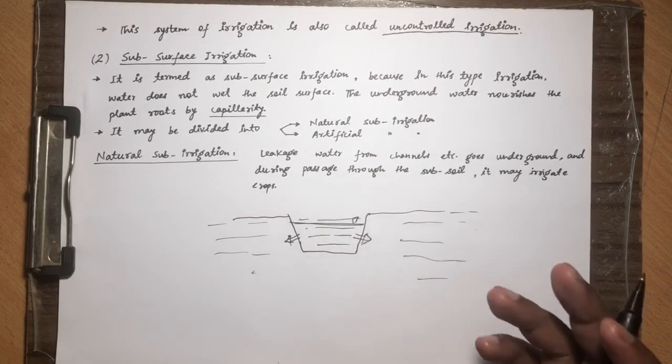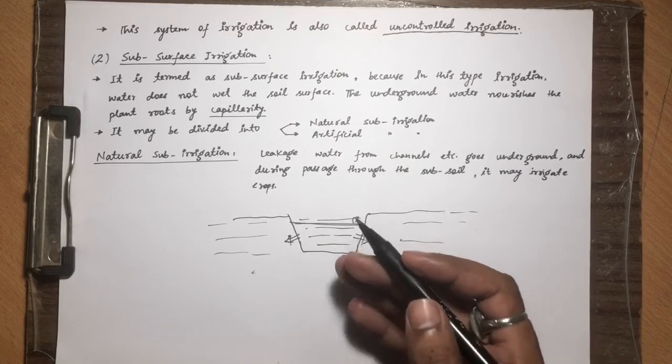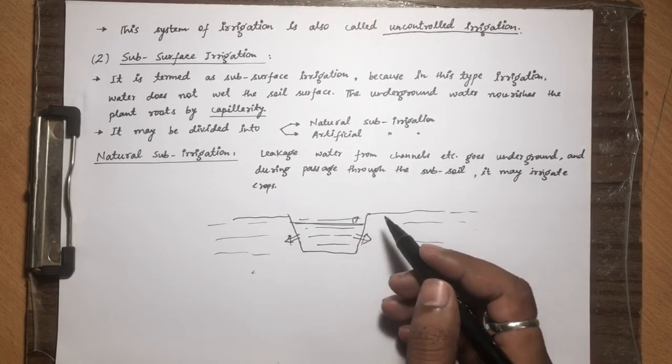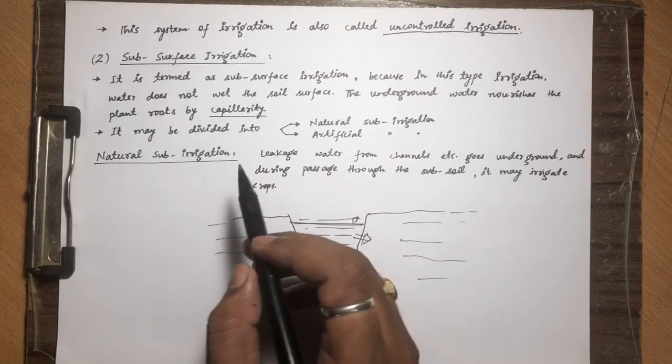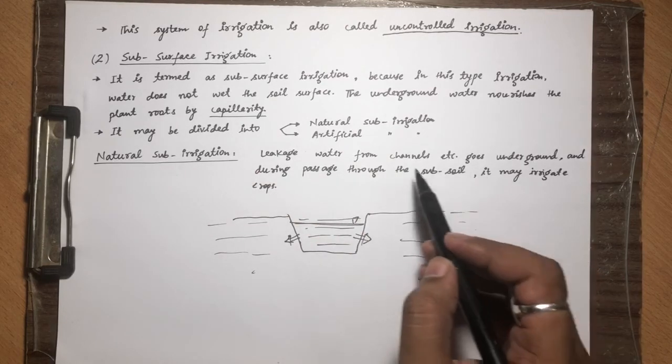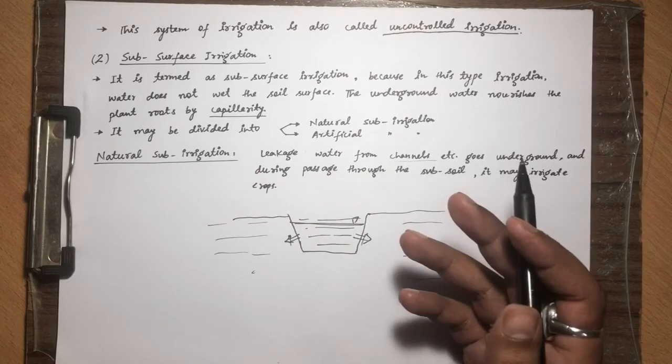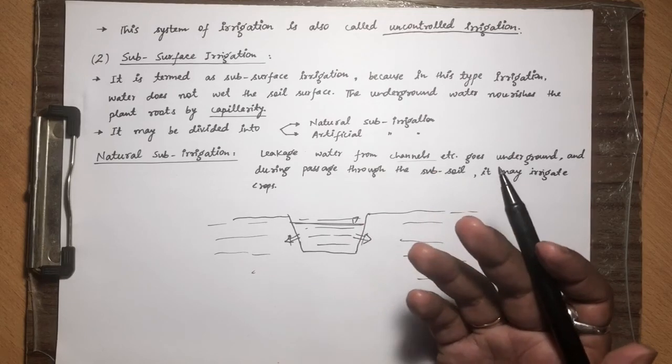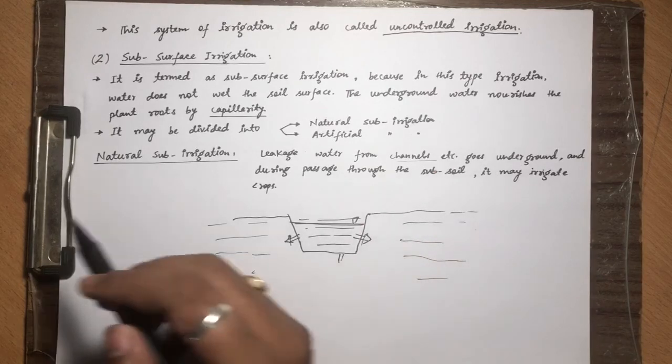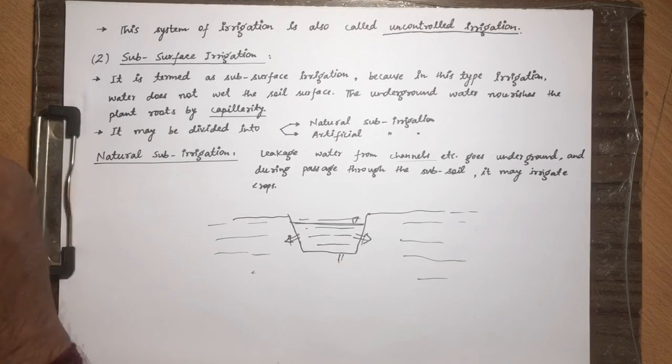So this is natural, or if it is a river also it can seep. If the water is getting leaked from natural channels, it is natural, and if it is artificial, this channel will be artificial or man-made canals.